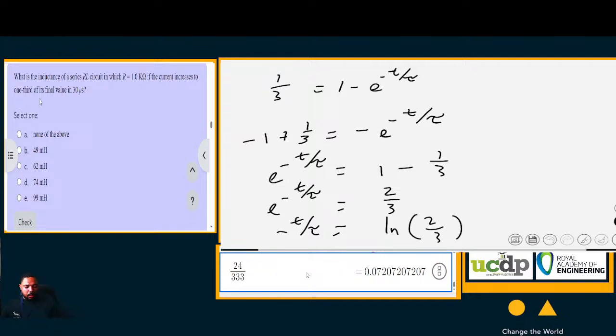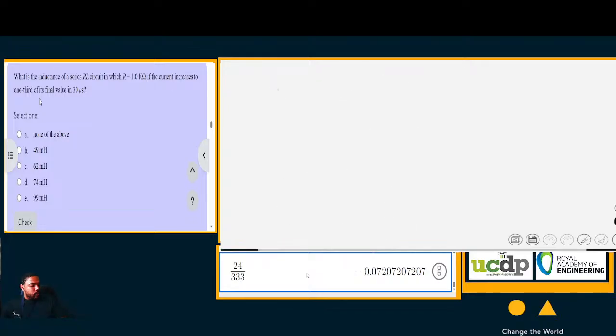If you remember your basic math, we want the time constant, and we have the time. So the time constant, therefore, is equal to the negative of t divided by the ln of 2 over 3. Basic algebra. What is the time that they give us?